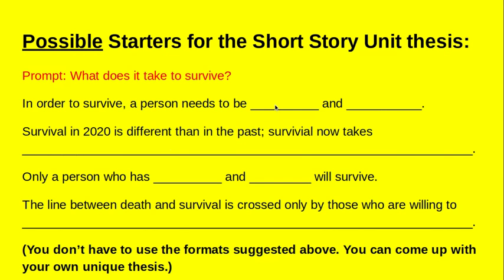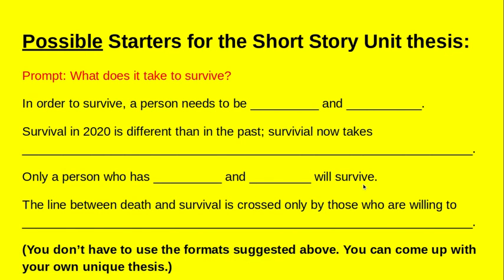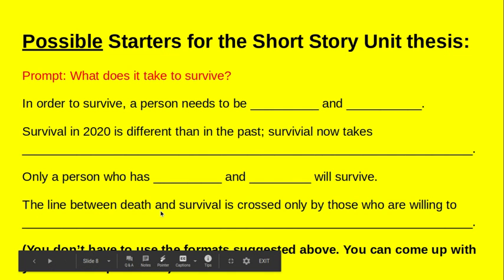Or again, you could choose two characteristics. What does it take to survive right now in our society? Next one. Only a person who has blank and blank will survive. And then finally, the line between death and survival is crossed only by those who are willing to.